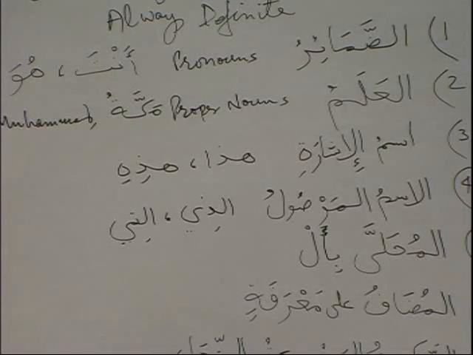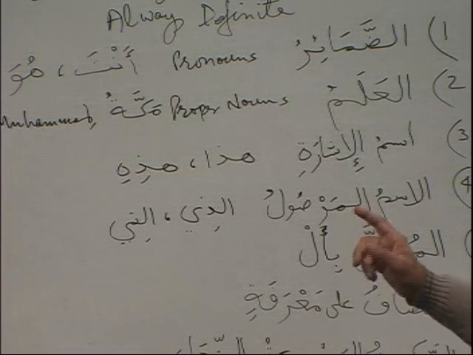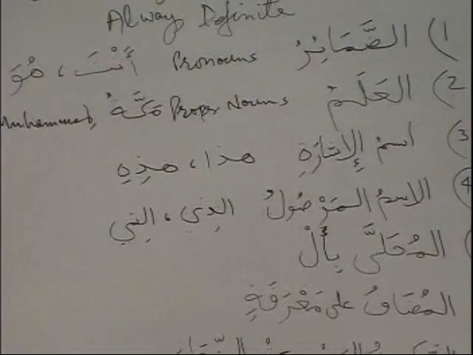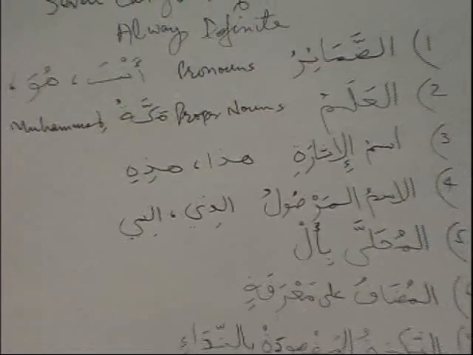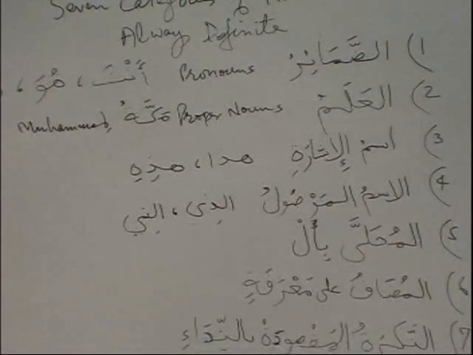Okay, brother? And then an-nakiratul maqsudatu. What is the meaning of maqsudatu? Aimed at. It's an indefinite noun, but it is aimed at by using harfu nida, by calling. So then that indefinite noun becomes definite.